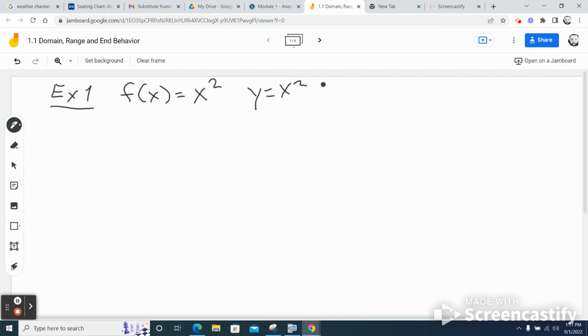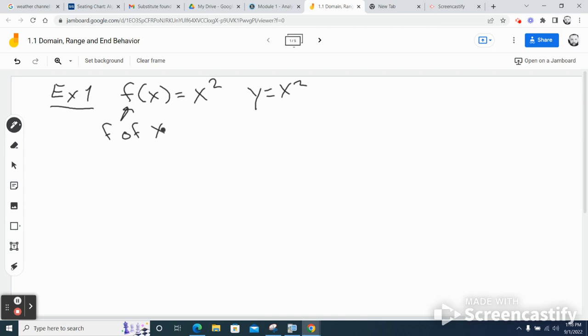Okay? This is pronounced f of x. So we're going to do a question where we find the domain and range, but I'm going to go back and teach you a little bit about functions and function notation. What I'm doing right now is explaining what a function is.